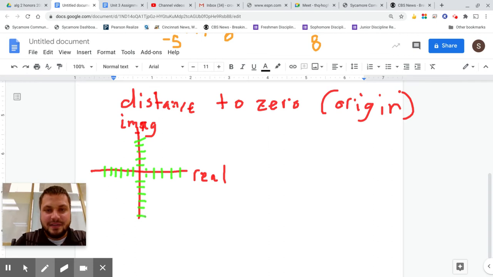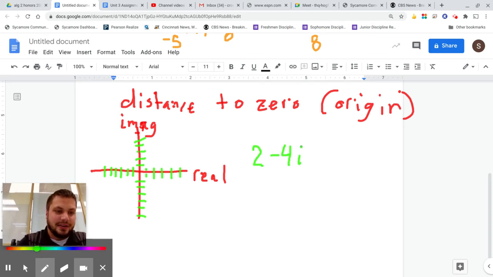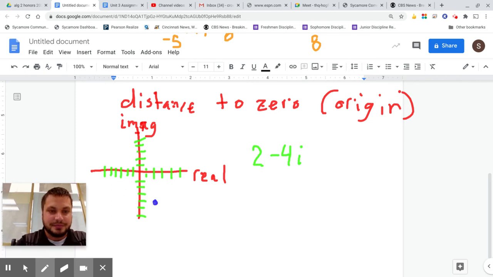So let's say I gave you the complex number 2 minus 4i. Let's plot that on my real imaginary axis. That's 2 on the real axis, -4 on the imaginary axis. That's right here. So I want to know this distance, the distance from the origin, the blue line.